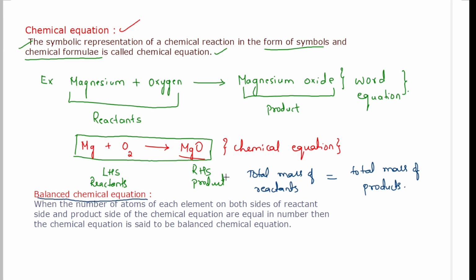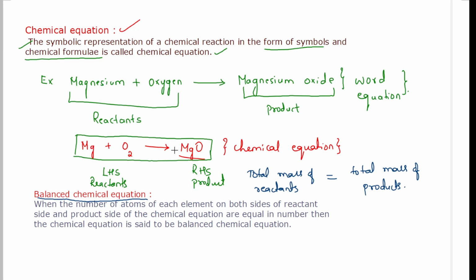Now we will understand what is balanced chemical equation. When the number of atoms of each element on both sides, the reactant side and product side of the chemical equation, are equal in number, then the chemical equation is said to be a balanced chemical equation. And again remember, why should we need to balance the chemical equation? According to the law of conservation of mass. Now let's see here.